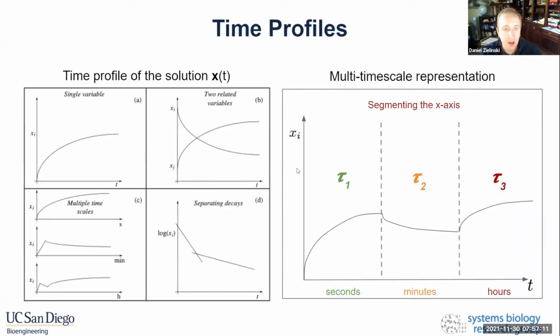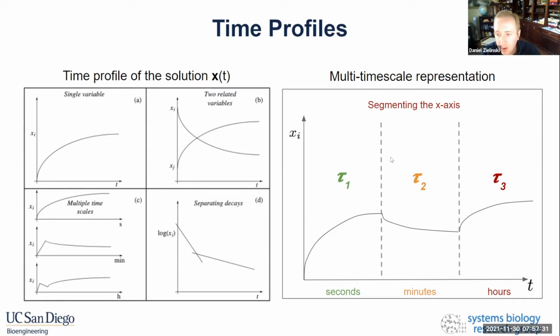Okay, just to hit a few more dynamic visualizations before we end. We already covered time profiles. You can look at single variables or two related variables, and you can do plots on multiple time axes.